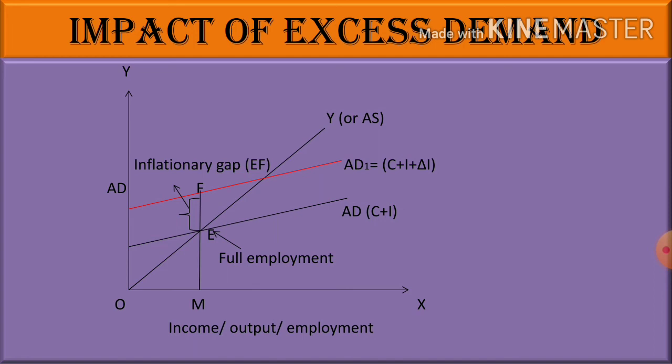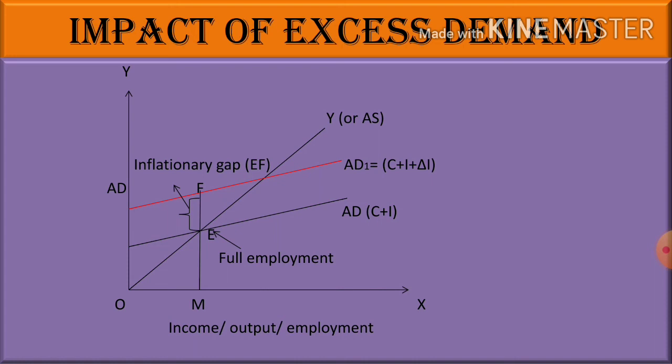If demand is increasing, AD1 is the actual demand. This demand is increasing, but obviously the producers are not able to fulfill this demand. Why is it so? Because resources are already fully employed. Now resources are not available in the economy to fulfill this increased demand.